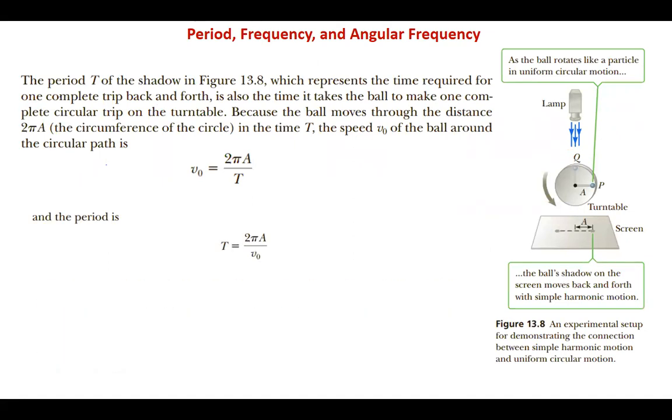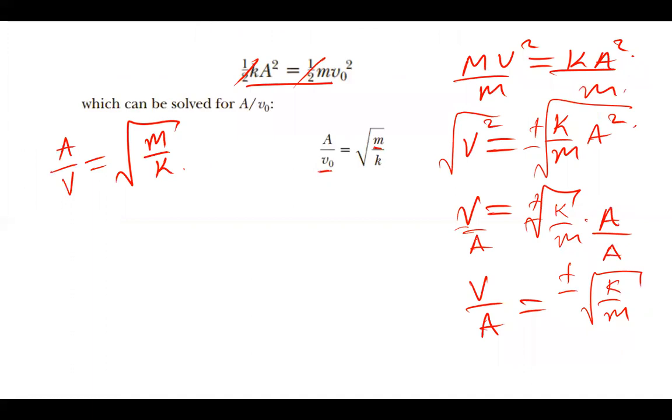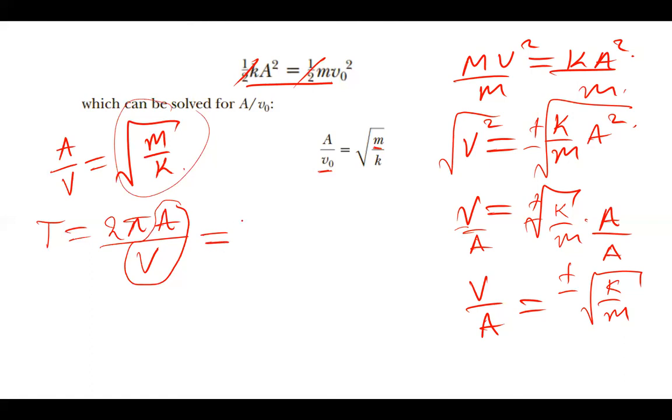We found the period to be T is equal to 2 pi A over V. So the period is equal to 2 pi A over V. While there's this A over V, we can just replace it with that part. So we have 2 pi, and then where there's A over V, we just put the root of M over K.